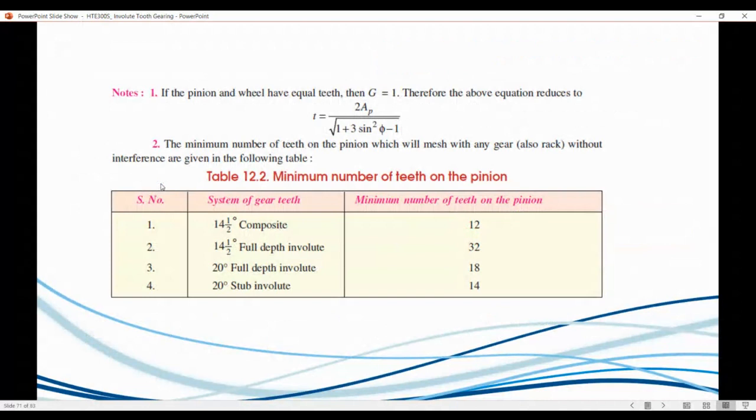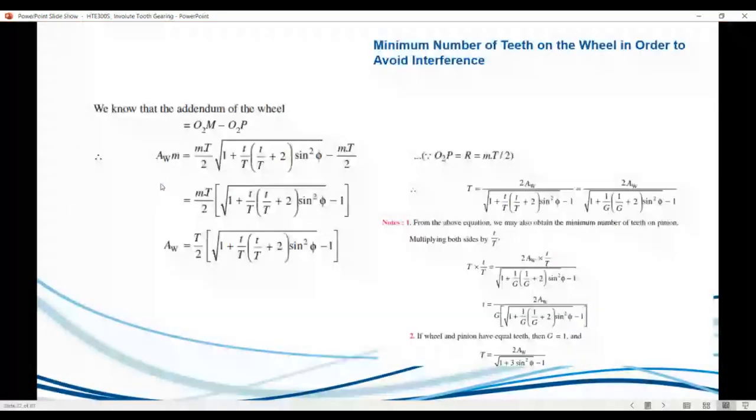There's a whole science or mathematical basis on why, for the standard profiles. Same as for the pinion, you find for the wheel. For the wheel you have similar formulas, and you can see over there T is M times big T over 2. It looks exactly the same as the pinion one, but they just flipped a few things.